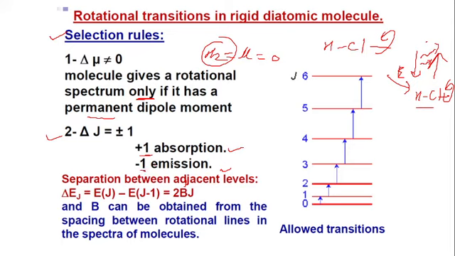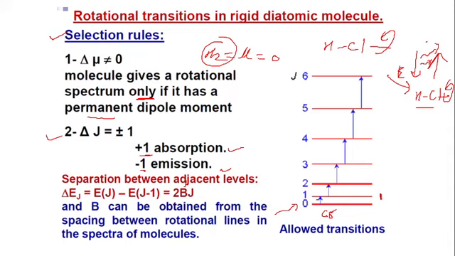This is called emission. That means here from level 0 to 1, this is the ground state, and this is the first excited state. Whenever we provide the energy, this molecule goes from the ground state to the excited state.